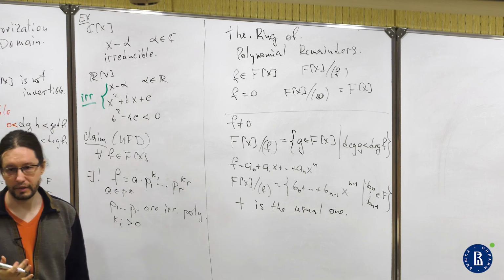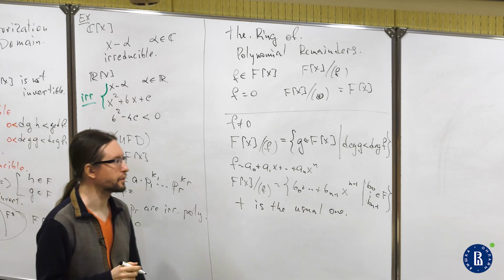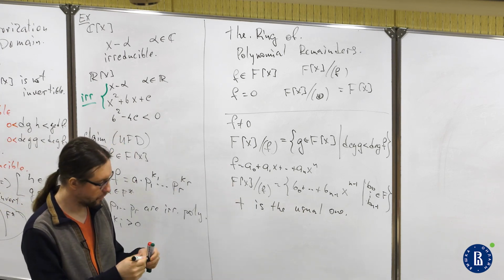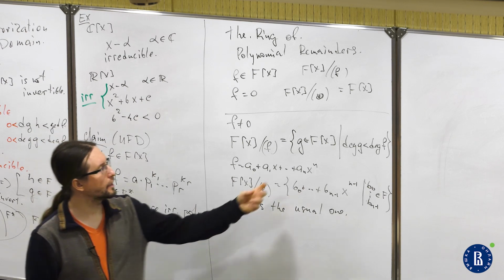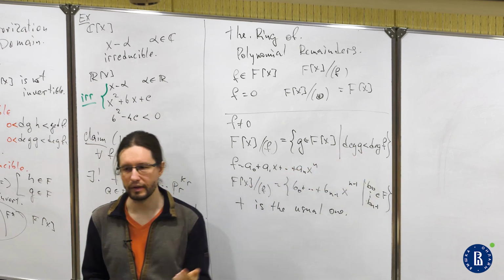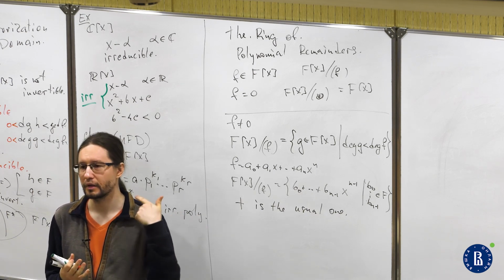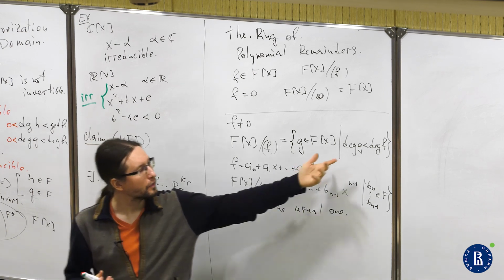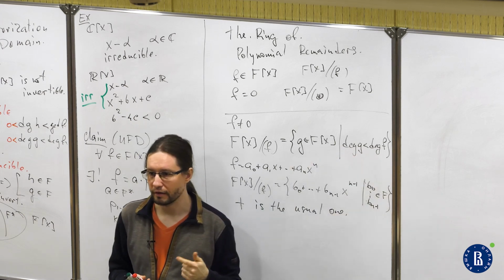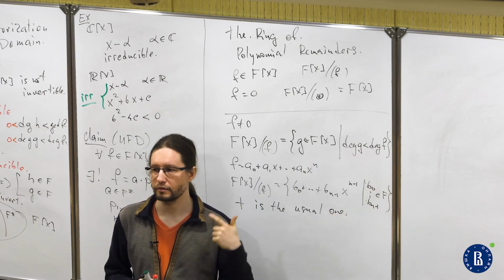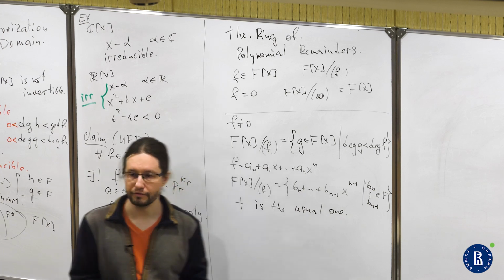Now, what is the multiplication? This is an interesting part, and this is where f should help. Because if you take polynomials of degree strictly smaller than the degree of f and multiply them together, the result need not be a polynomial of degree strictly smaller than the degree of f. So we should take its remainder modulo f.